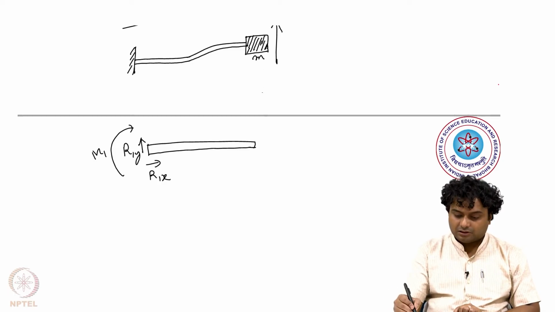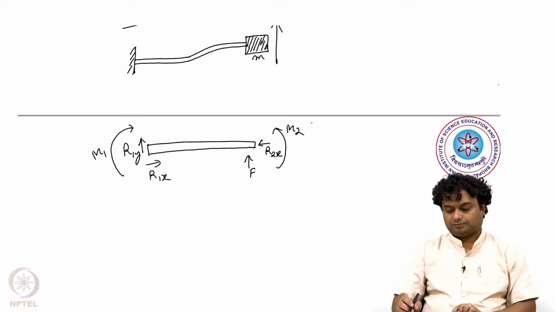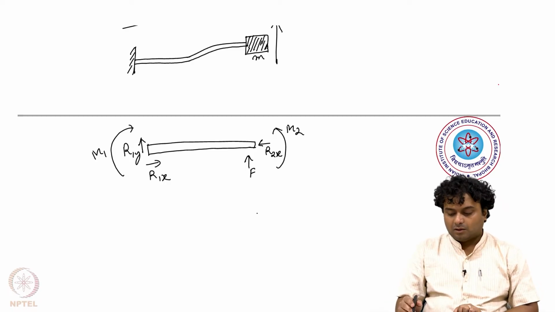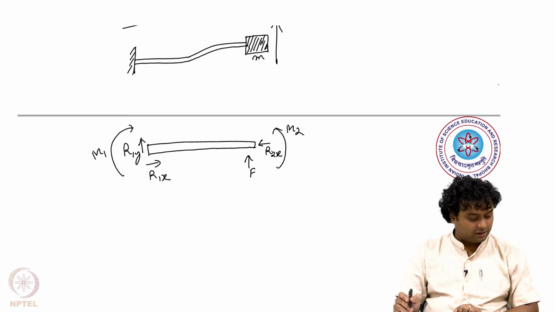In this direction we are applying the external force F, and then we have the reaction force R2x and the reaction moment M2. You see that in the y direction we have not mentioned any reaction force at this end, because in that direction the mass can move, so there will not be any reaction force.